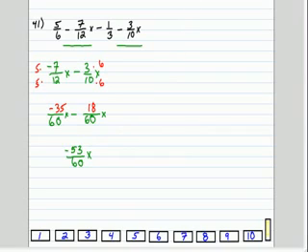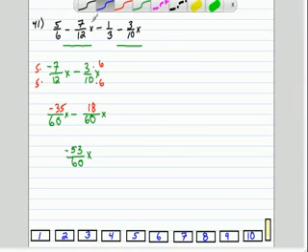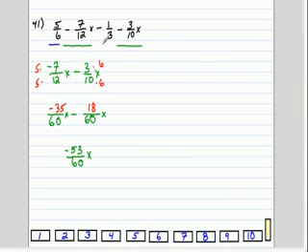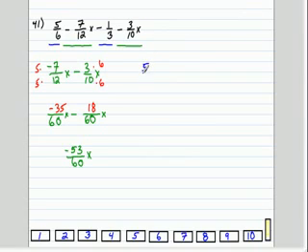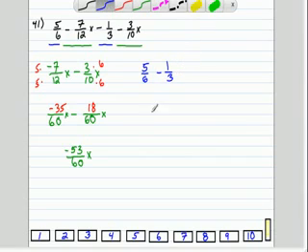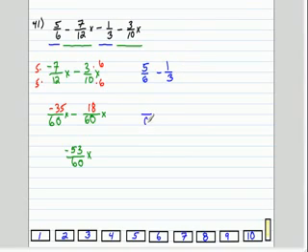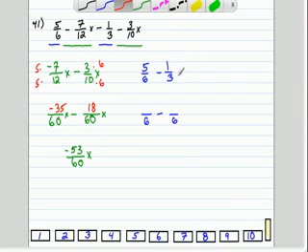Then I need to combine what? My constants. I have a 5/6 minus 1/3. What's my common denominator? Yeah, 6. And how do I do that?